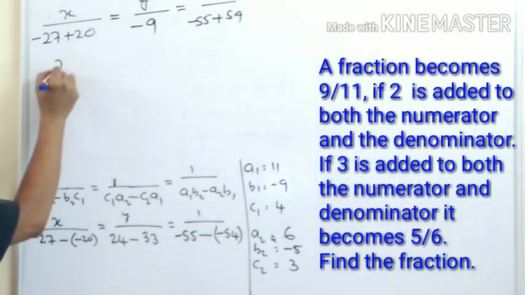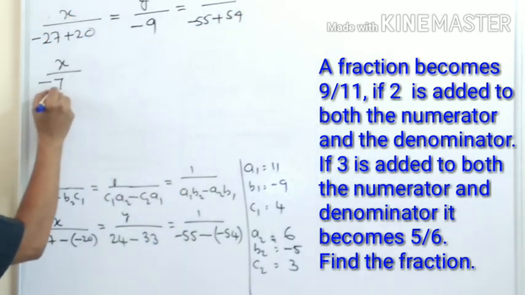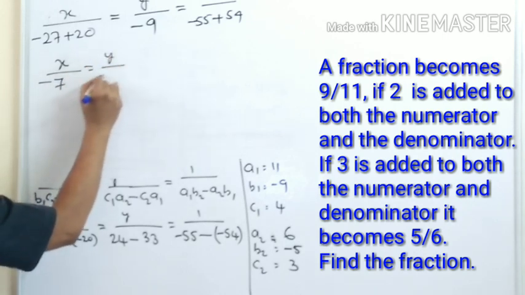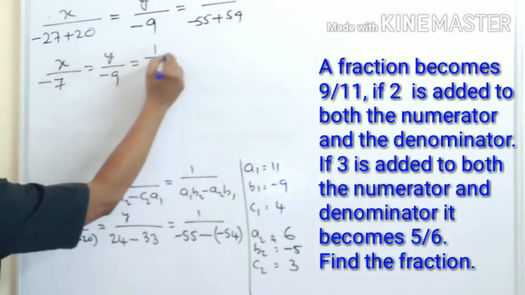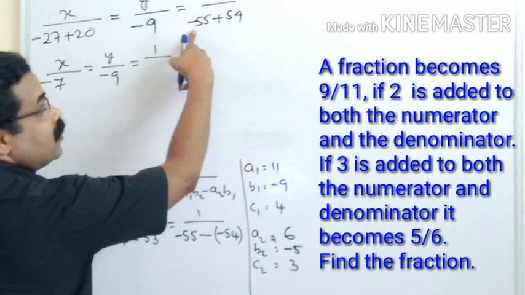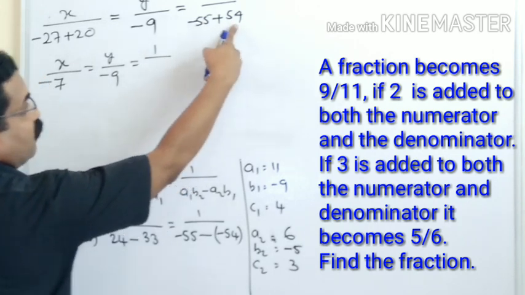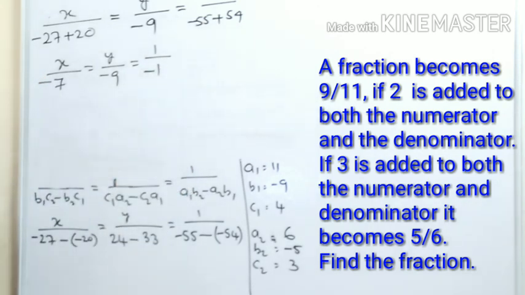So here I got x by minus 7 is equal to y by minus 9 is equal to 1 by minus 55 plus 54, that is minus 1.